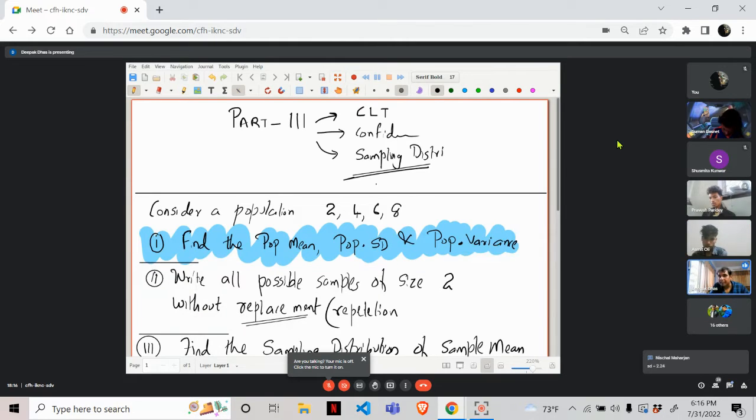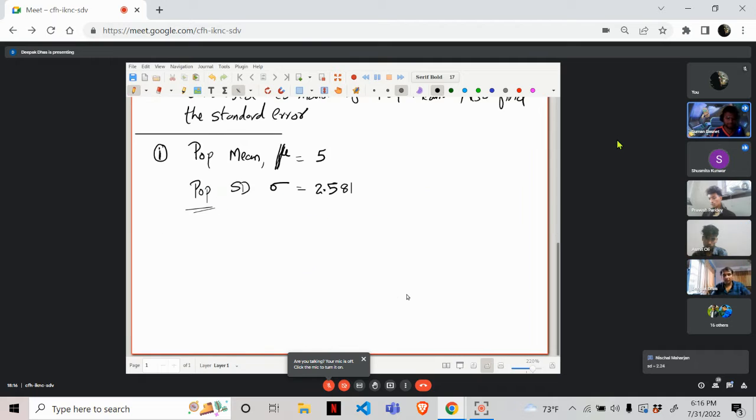Is 2.58 the sample mean? That is the sample value. Oh, I'm sorry about that.